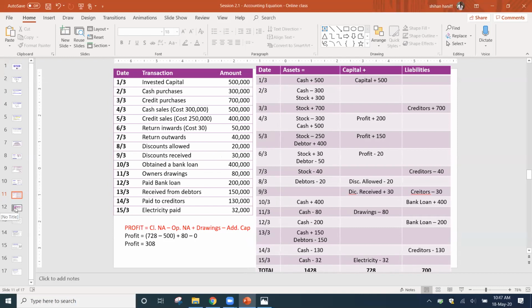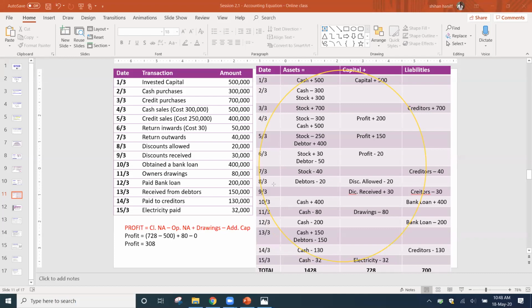Then the next type of question that you will get is you will have the equation. Right? You will have this part. This will be given, and you need to identify the transaction.